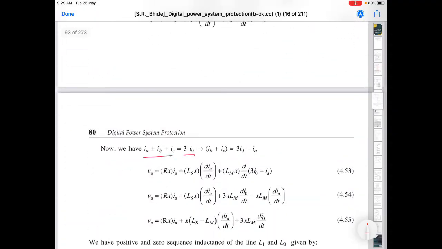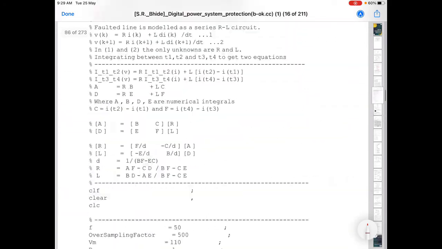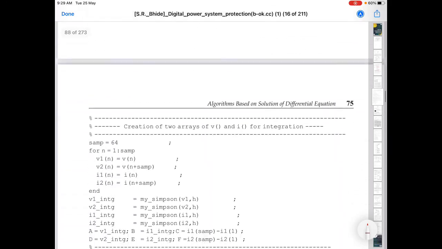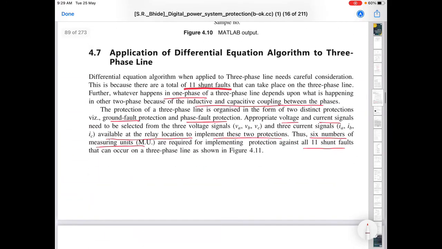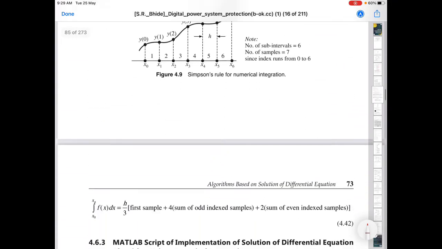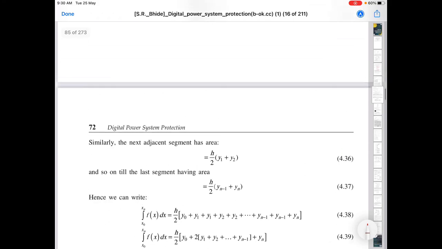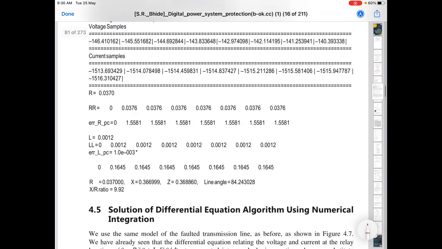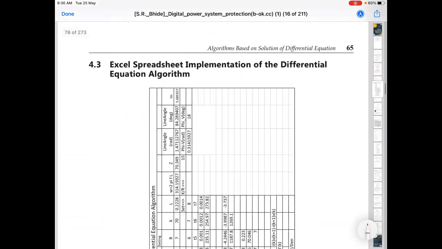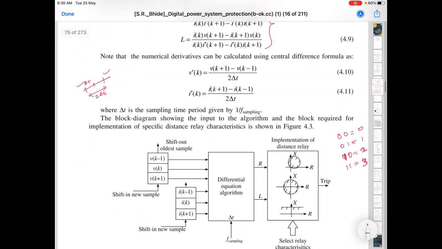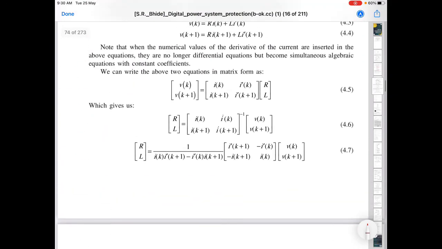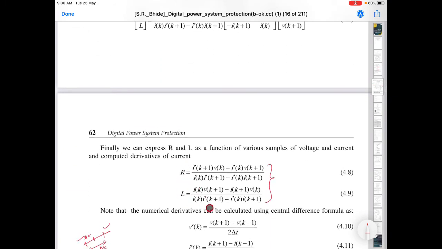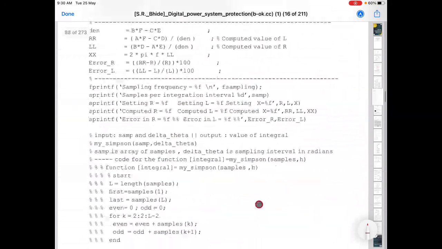The differential equation algorithm, using not numerical integration. Yes, this is the same matrix method, correct? The same way you calculated unknowns, you will calculate these things.